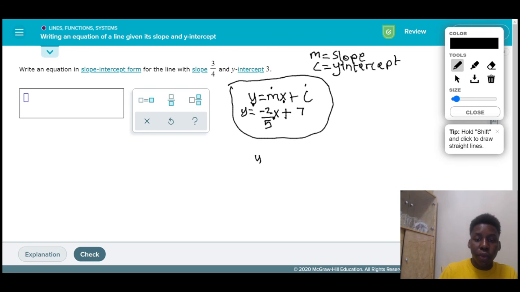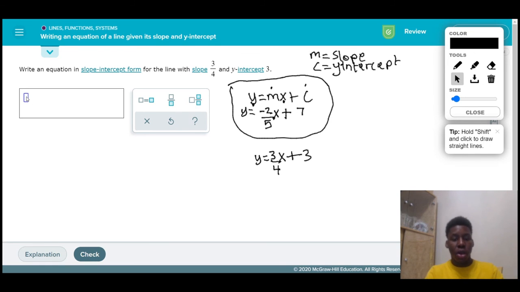So this is y equals 3 over 4 x, because the y and the x never change, they just remain there. Then plus, we know the y-intercept here is 3, because c is here also. So all we have to do is plug in 3. So this would be y equals 3 over 4 x plus 3. Check that out.